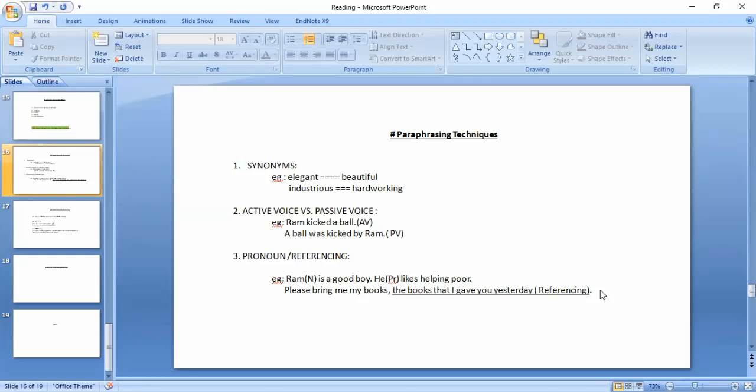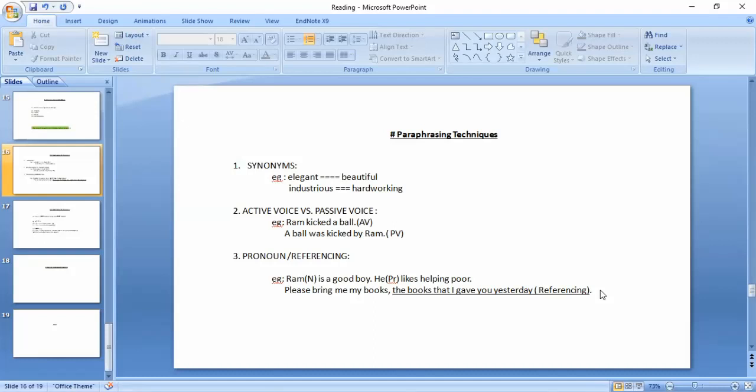Number one, synonyms. Example, elegant is the same as saying what? Beautiful. Industrious is the same as saying hardworking. They will be used alternatively, or to misguide, fool or confuse you in the IELTS test, either in the reading section or the listening section.